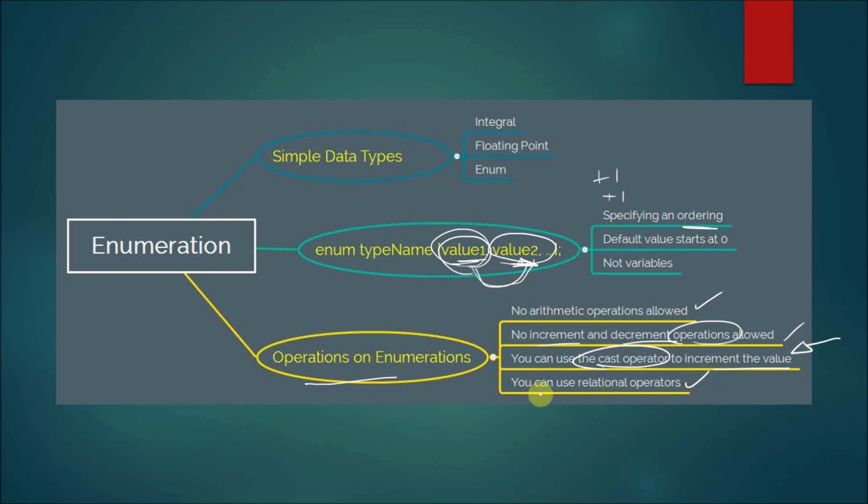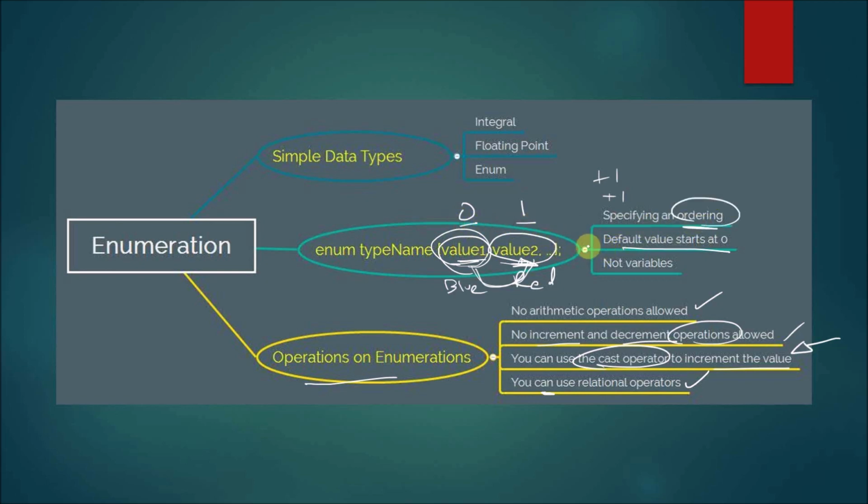You can use relational operators on enumerators because at the end of the day, they do have a default value. Value 1 is 0, value 2 is 1. In other words, this could be blue and this could be red, but their values are 0 and 1 based upon this ordering.